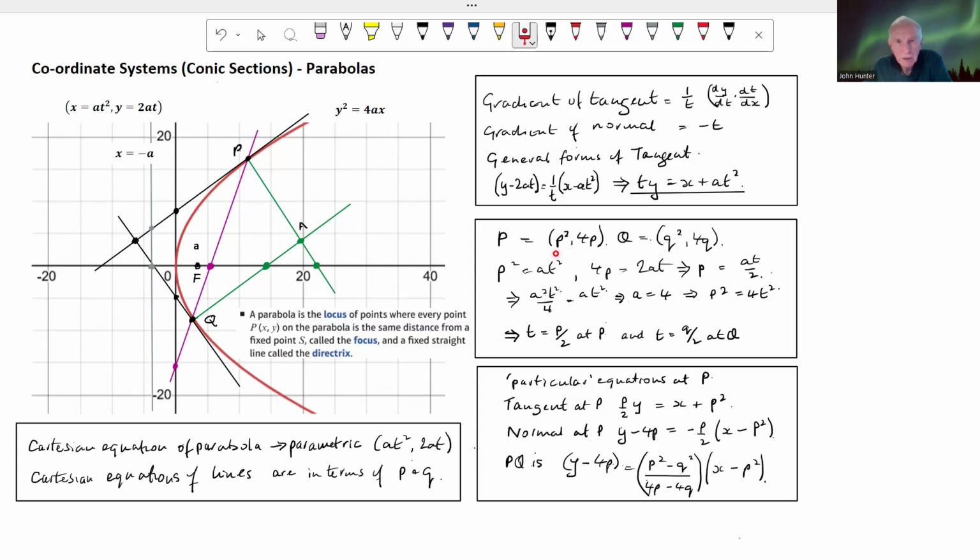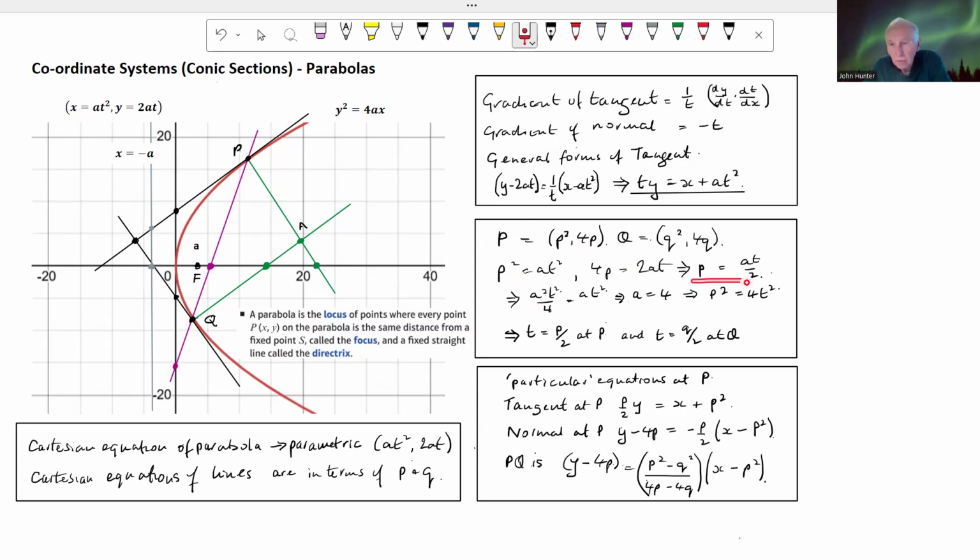If we work these points through, that's going to give us that p squared is equal to at squared. Yeah, that's the correspondence. And 4p is equal to 2at the same way.